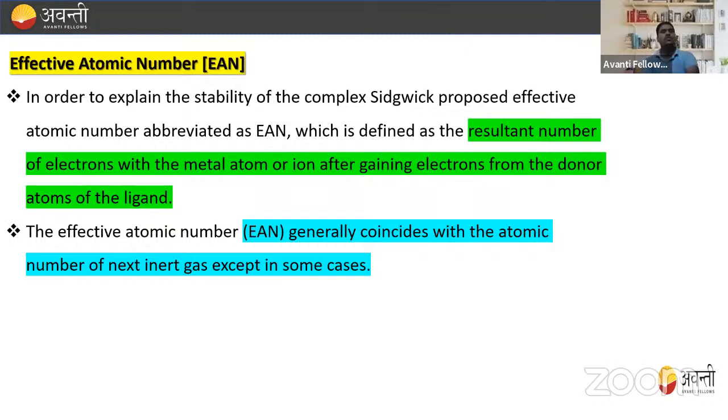Now, what is this effective atomic number rule? So what do you mean by this term?